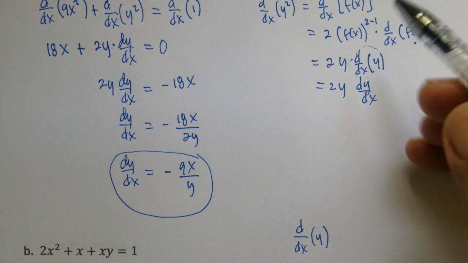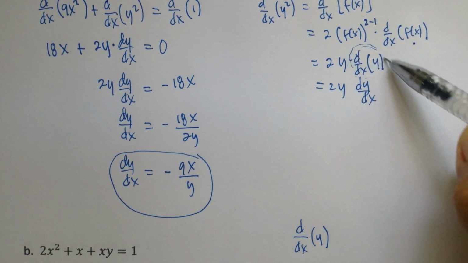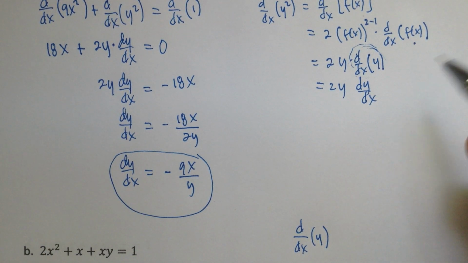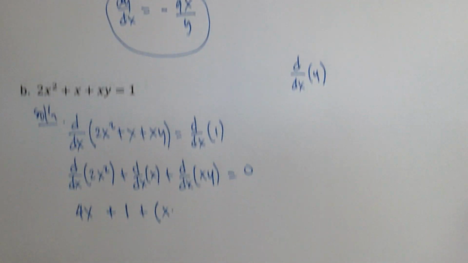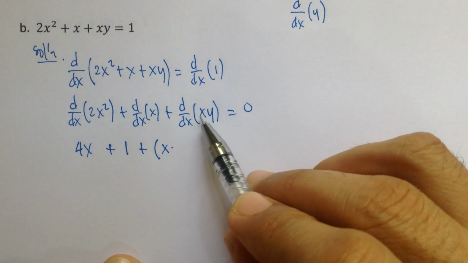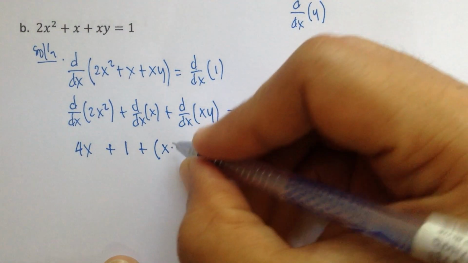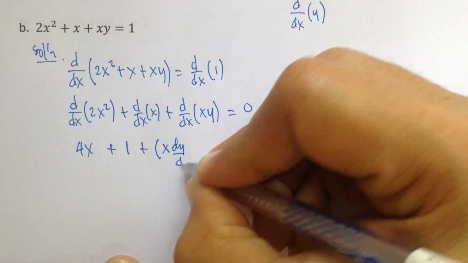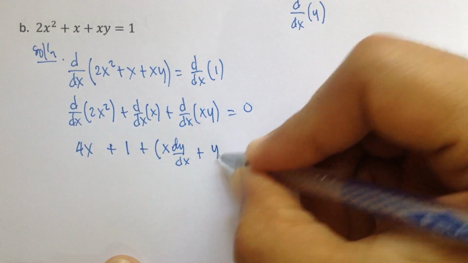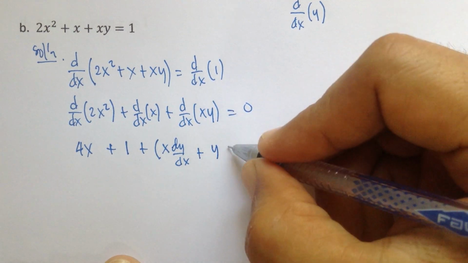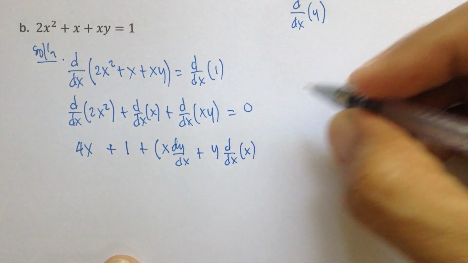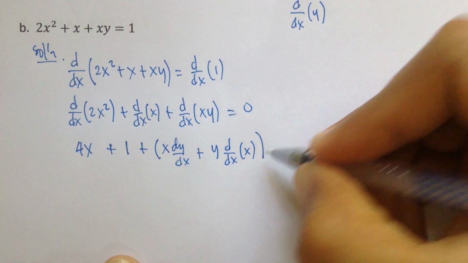Now, what is the derivative of y? We have seen from the previous example that the derivative of y with respect to x is actually dy dx. So that means the first times the derivative of y with respect to x is x dy dx, plus the second times the derivative of x with respect to x.